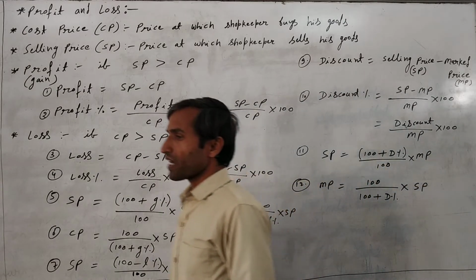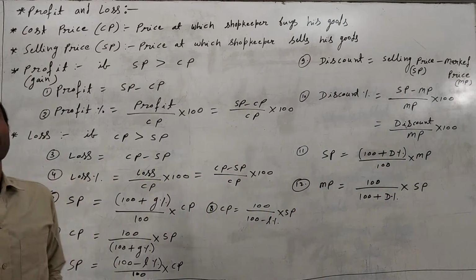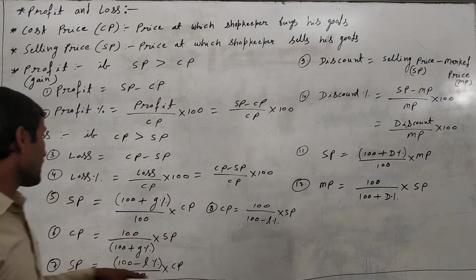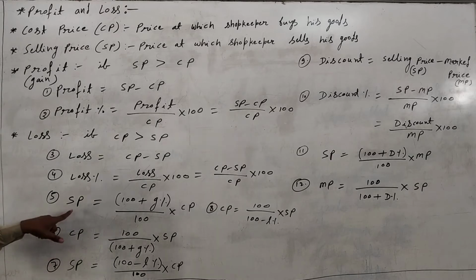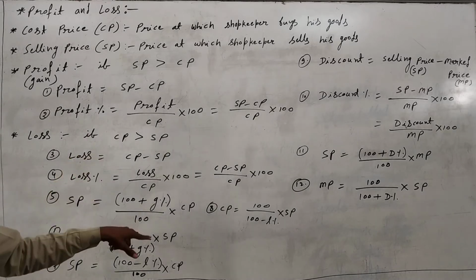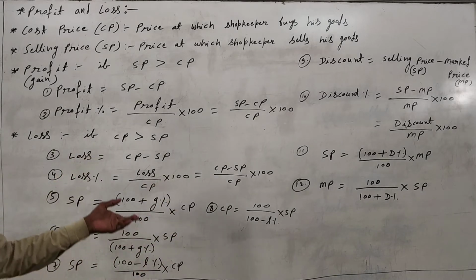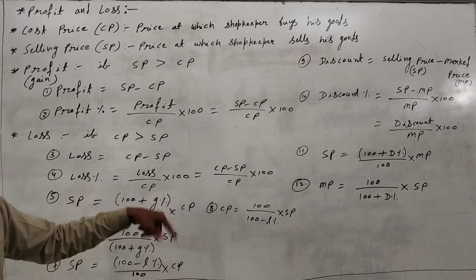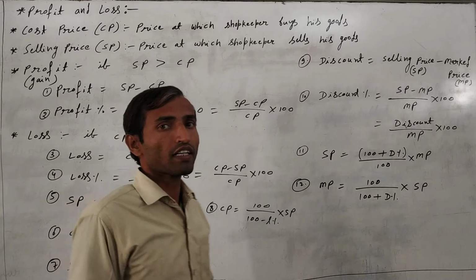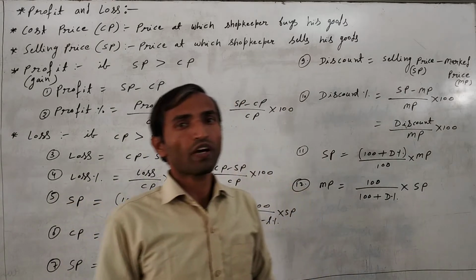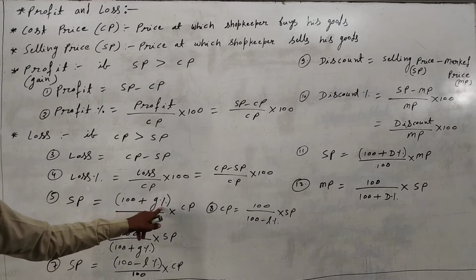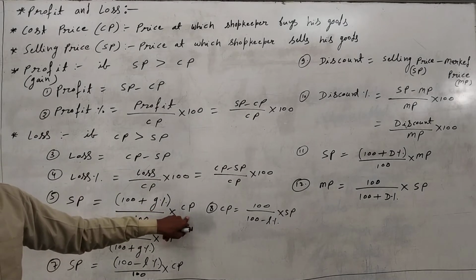Now in the question sometimes profit is given and we have to find the cost price or selling price. In this case we have to use these formulas. If gain percent is given directly and we have to find SP, we use this formula: SP equals 100 plus gain percent upon 100 into CP.